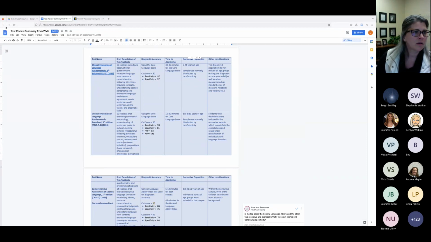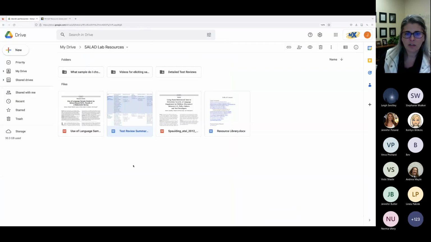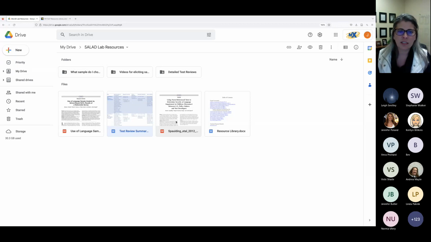And then I also wanted to point out, I don't want you to just take me like I'm the Bible. So I put in two articles. One is related to language sample analysis. The other one is related to interpretation of your norm reference tests and how to do that based on best practice. We actually need to avoid using terms associated with standardized tests like within normal limits or a severe and mild disorder.